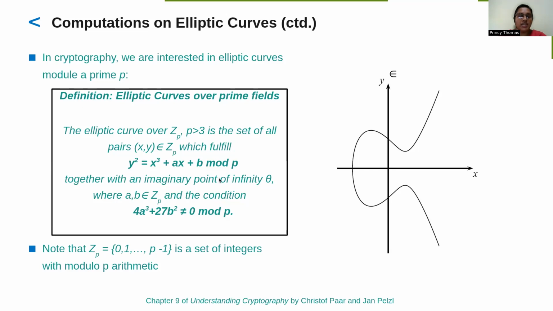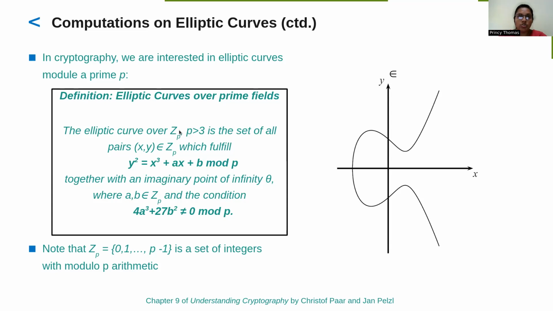Let's look at this equation and I'll explain each point which we don't know. The elliptic curve over Z of P. Now, what is Z of P? You can see down over here, Z of P is simply the set of integers 0, 1, etc. up to P minus 1, the set of integers with modulo P arithmetic. The elliptic curve will be over Z of P, where we select a prime P greater than 3.